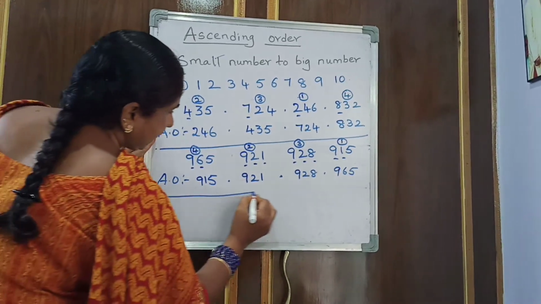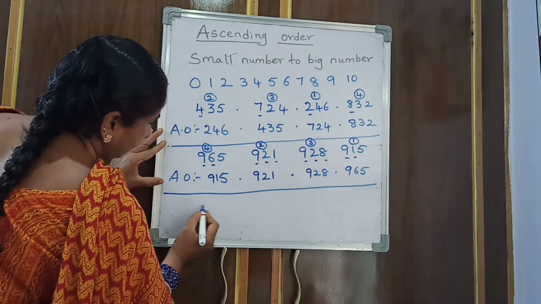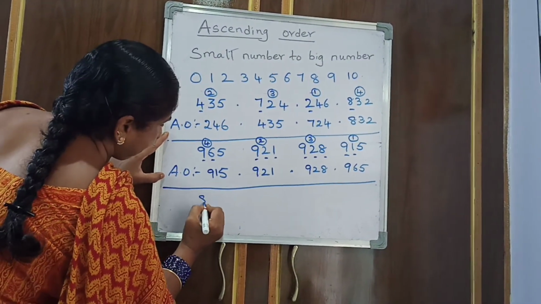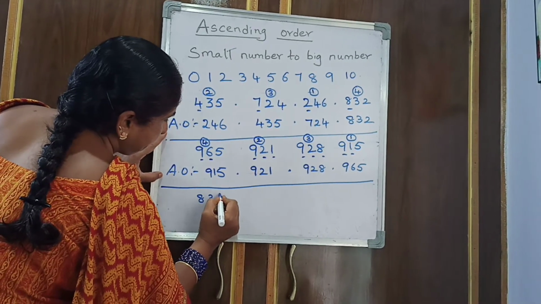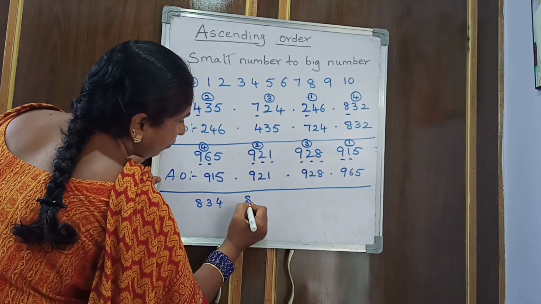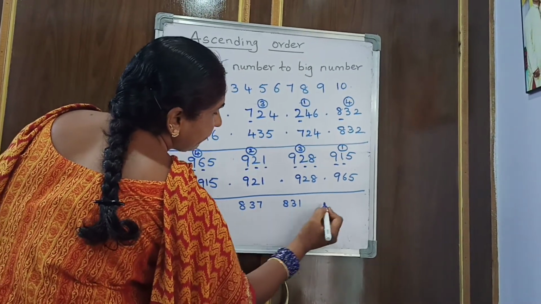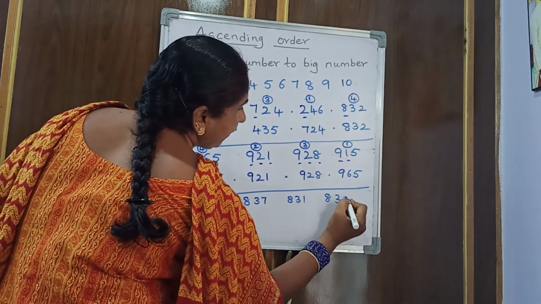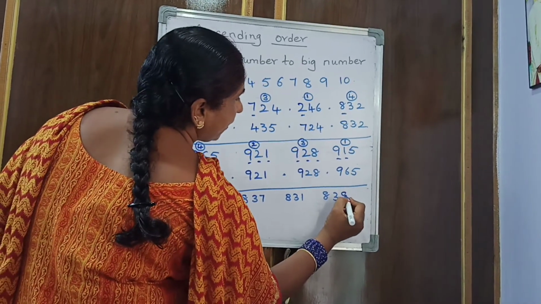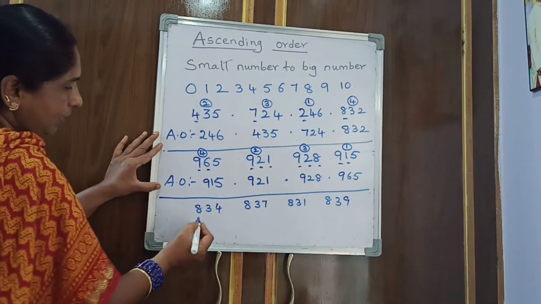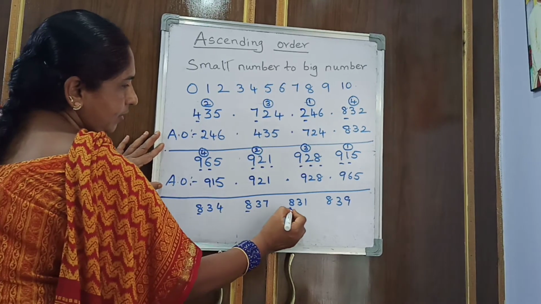Now see another example. 834, 837, 831, 839. See here, 8, 8, 8, 8.